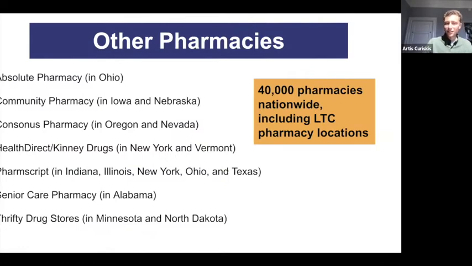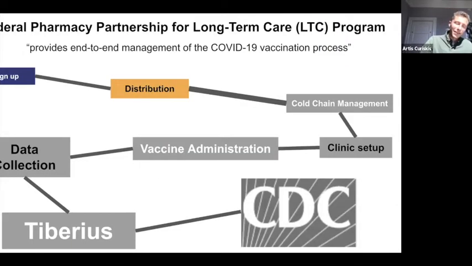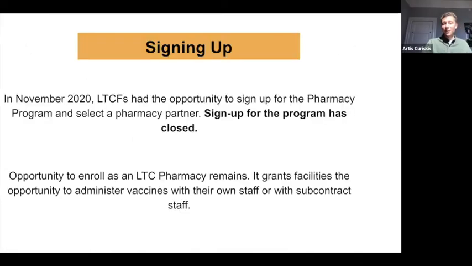Other pharmacies, there's a ton of other pharmacies that are included in the program. There's 40,000 nationwide, but here's a list of other orgs that may be providing data. And to become a facility that's connected to these pharmacy programs, in November you had to have signed up for the pharmacy program.